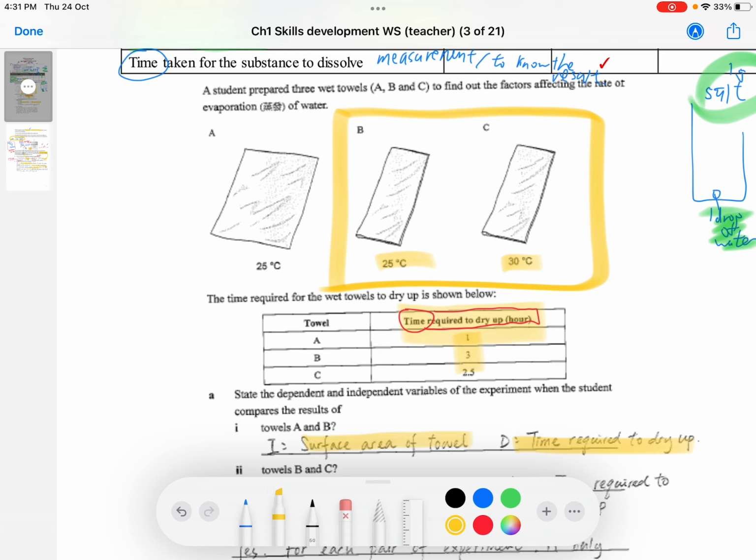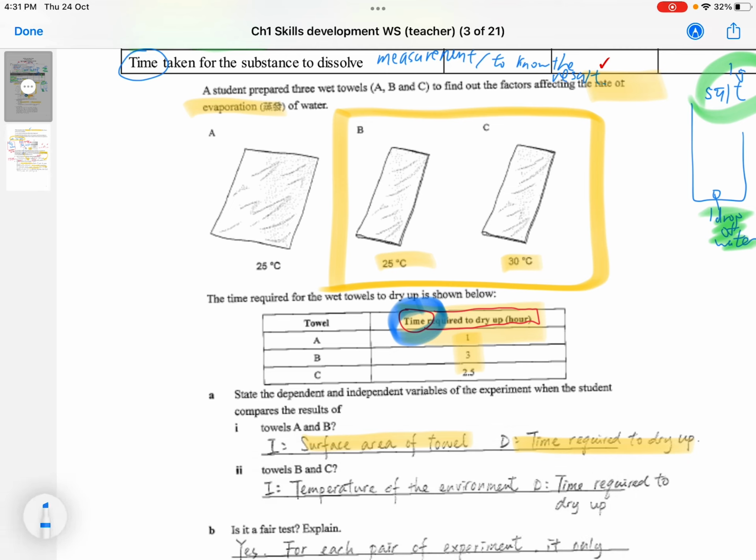And again, how to know which of them can evaporate faster or dry up faster? Of course, measuring the time taken. Again, as you can see in part 2, temperature of the environment is the target we would like to study. 高溫定低溫，乾得快啲，係嘛？同邊個跑得快啲，sentence pattern 就一樣㗎，係嘛？高溫定低溫 is equivalent to the who part that is our target to study.